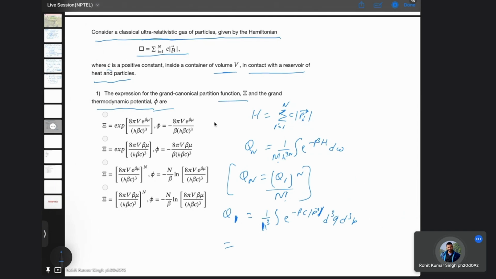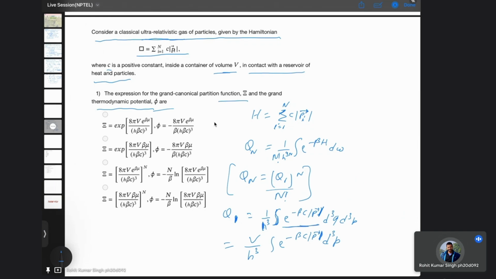And so the integral over coordinates will give you the total volume of the container, right? So V, and so we are left with only the integral over p, because this does not depend on position.